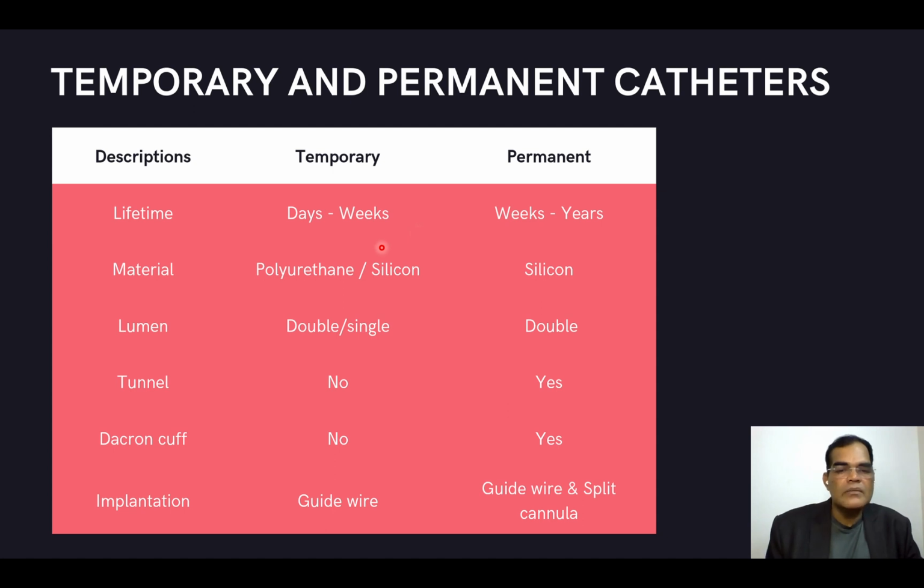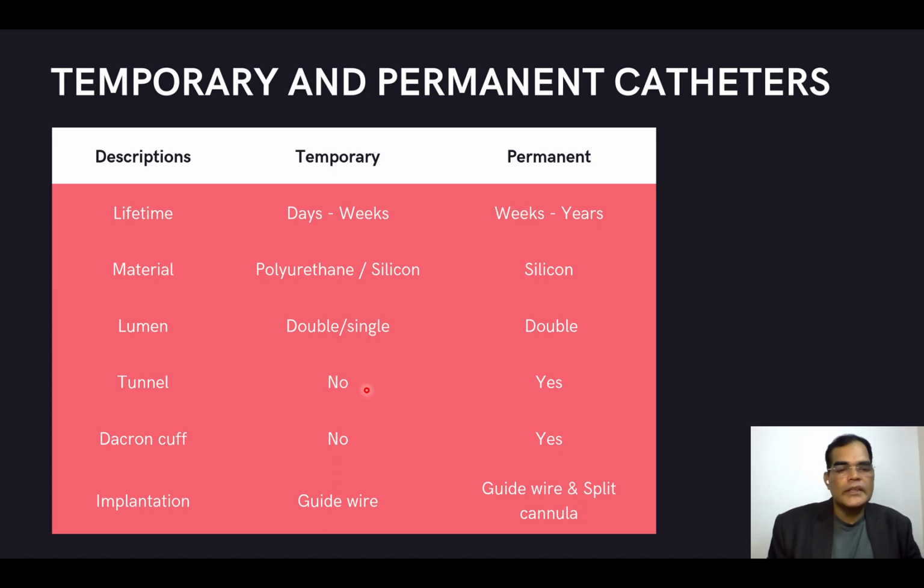The material is more or less the same, polyurethane and silicone, and single lumen is available in specific cases, but not to a larger extent nowadays unless required in temporary catheters, whereas in a permanent catheter it will always be a double lumen.